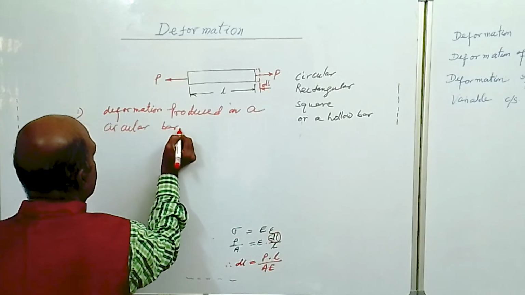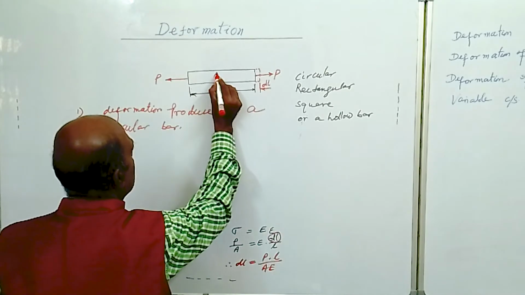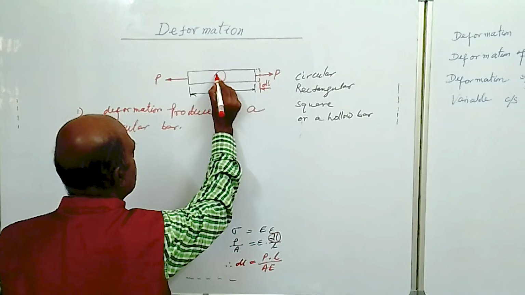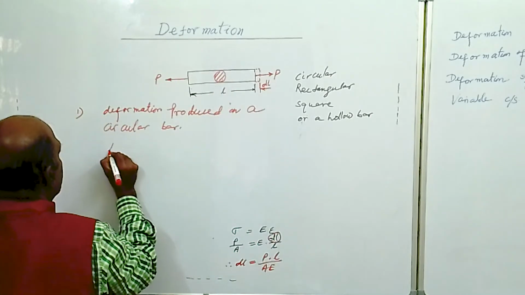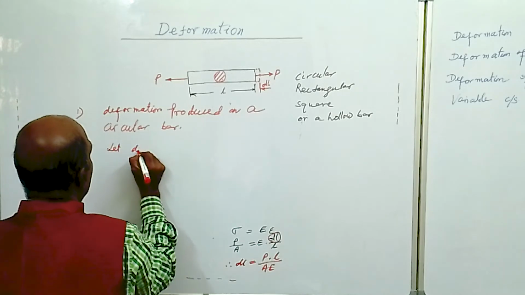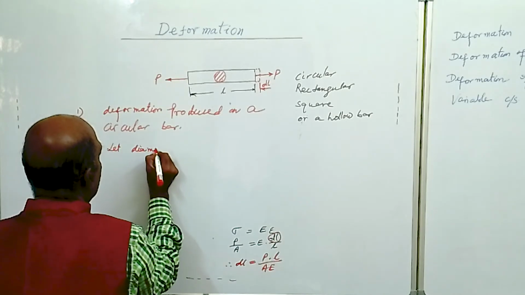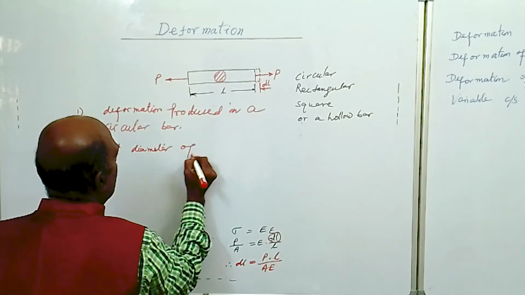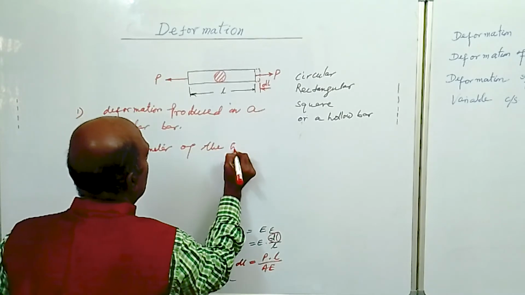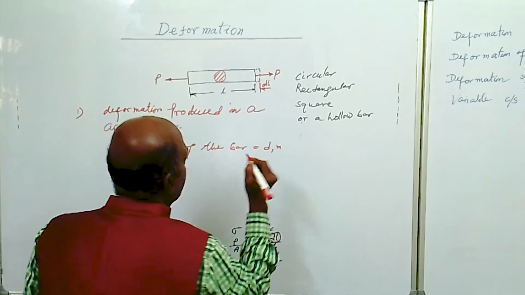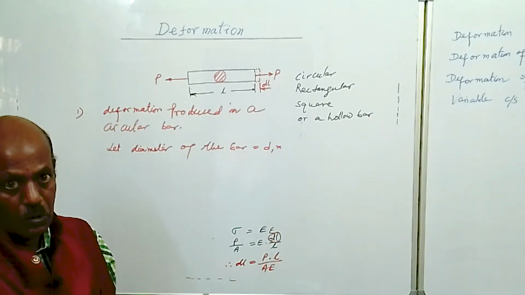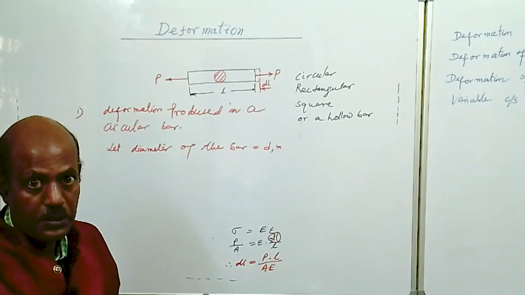So once the bar is a circular bar, so we can find this cross sectional area is circular. Let the dia of the bar, let diameter of the bar is equal to D in meter. So diameter of the bar is D.